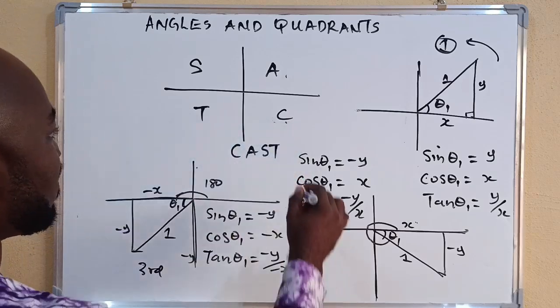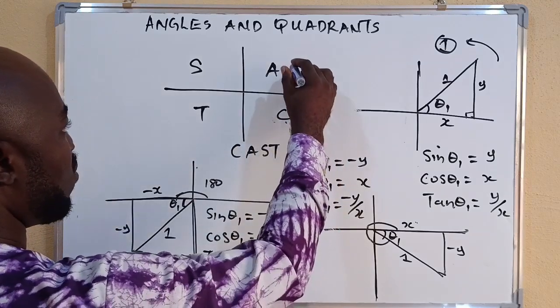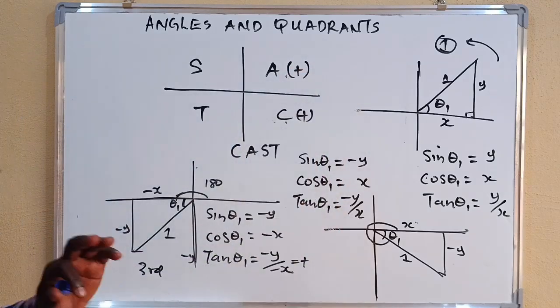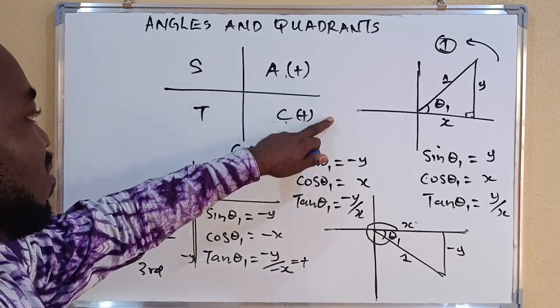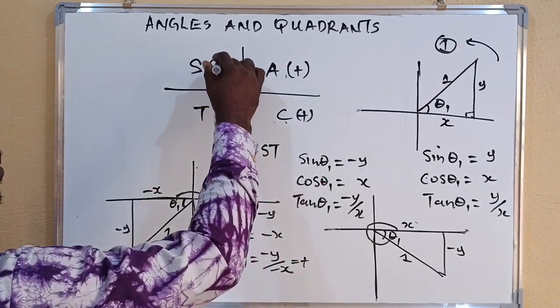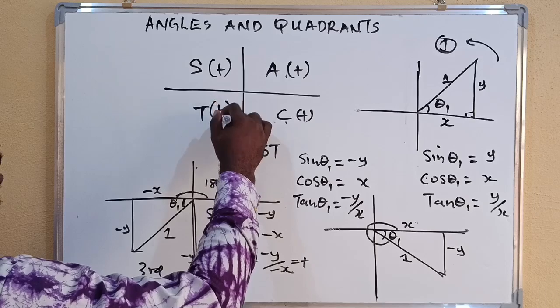Here all are positive, so sine, cosine, and tangent are positive. Here only sine is positive, in this place only tan is positive, and here only cosine is positive.